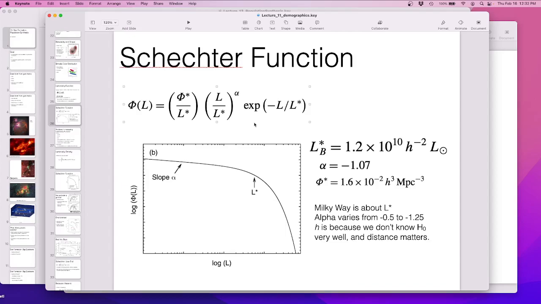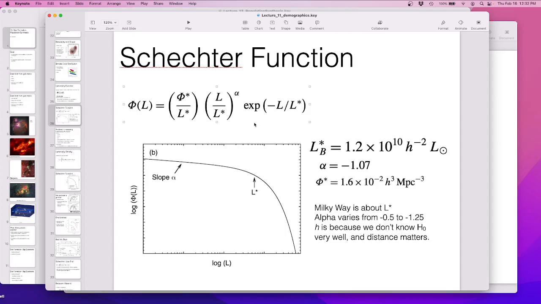Anyway, the Schechter function is this thing. So what does it look like? Phi star and L star are fiducial parameters. L star is that knee where it turns over. That's how it's defined. It's about the luminosity of the Milky Way.